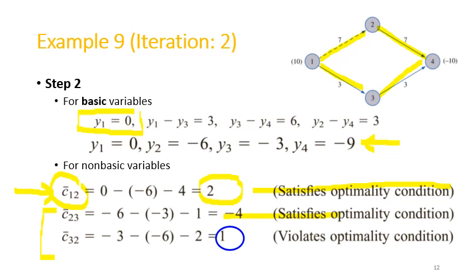However, for the variable x32, it violates the optimality condition for non-basic variable at the lower bound. Because for the non-basic variable at the lower bound, the c hat should be less than or equals to 0. Because it is positive, it means that we need to introduce x32, which is currently 0. We need to introduce that into our BFS, or in other words, making it has a value from nothing to something.